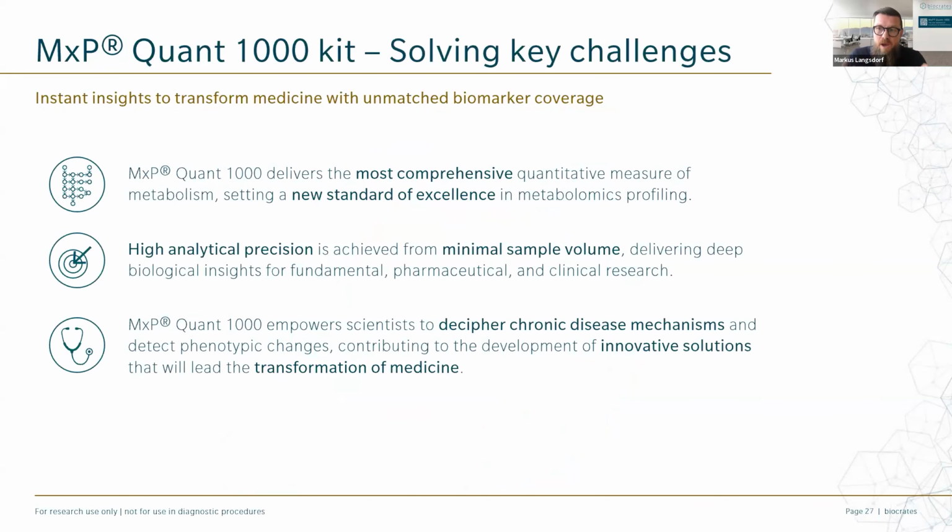So we are really proud of our new solution, because metabolomics is only as powerful as the technology behind it. And that's where MxP Quant 1000 makes the difference and solves key challenges. It sets a new standard of excellence in metabolomics profiling, because Quant 1000 delivers the most comprehensive quantitative measure of metabolism.